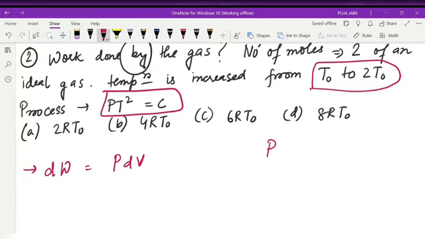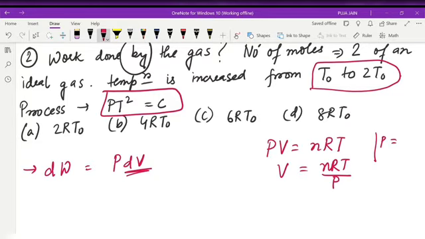We know our ideal gas equation PV equals nRT. We have to eliminate V because we don't have V1 to V2, we have T0 to 2T0. So V equals nRT by P. P is given, PT square is equal to C, so P is equal to C by T square. So V is nRT times T square by C, so it will be T cube.